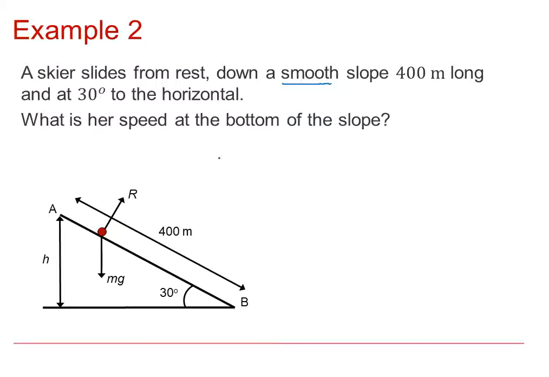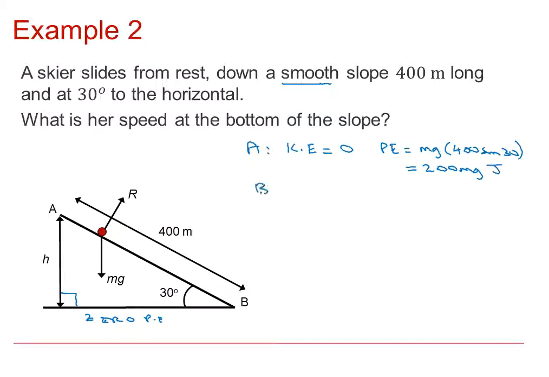If we take the bottom of this diagram as our zero potential energy, and look at A first, the kinetic energy at A when she set off was 0, and the potential energy was mass m times gravity g times the height. We can get the height above our zero potential energy level by trigonometry as 400 sine 30. So the potential energy at the top of the hill is 200 mg joules.